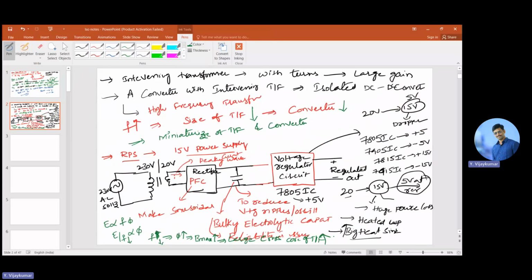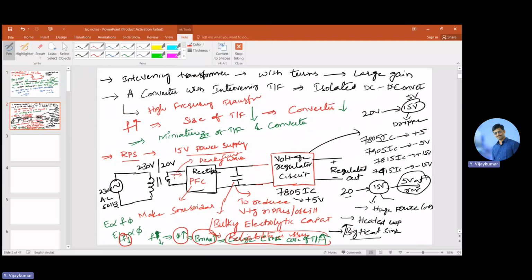So as frequency is less, the flux requires more, and to set up the flux we need a huge Bmax value. Further, to set up the huge Bmax value, we have to take a larger cross-section area of the transformer core, and because of this the size will be more.